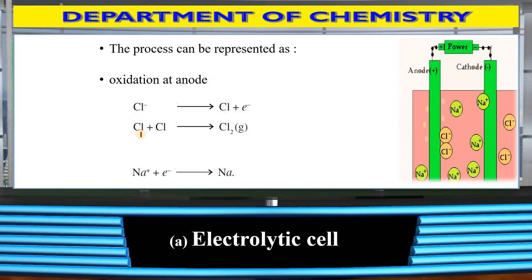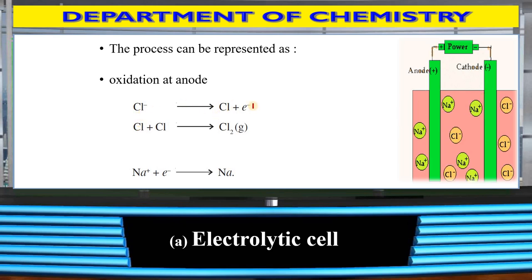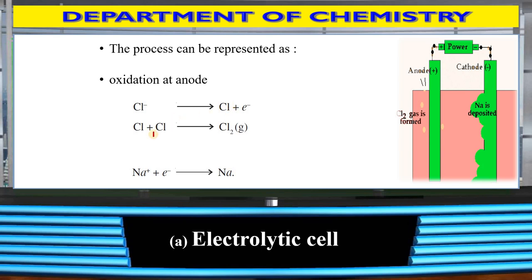Again, the second Cl minus ion undergoes the same reaction, converting into Cl plus electron, and two neutral Cl atoms combine together because they are unstable, forming Cl2 or chlorine gas plus 2 electrons.